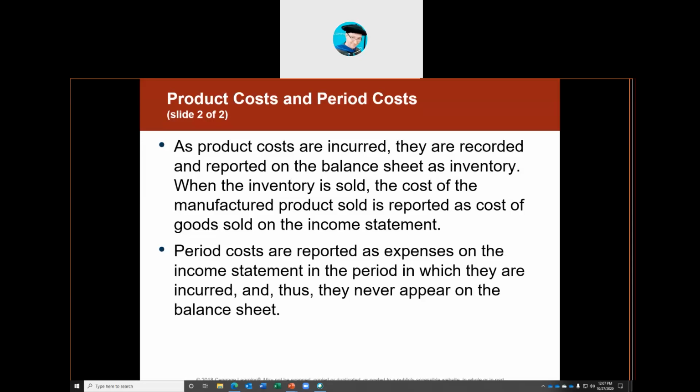When we talk about managerial accounting, we talk about the manufacturing process, we talk about inventory. There are three parts of inventory I need you to understand. There is raw materials inventory. There is work in process inventory. And then there's finished goods inventory.